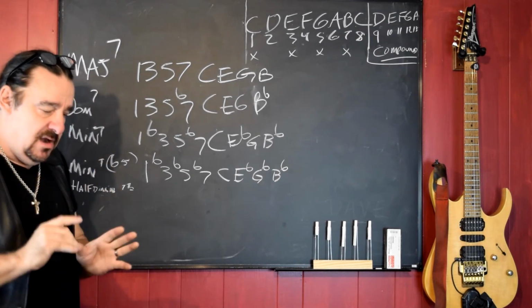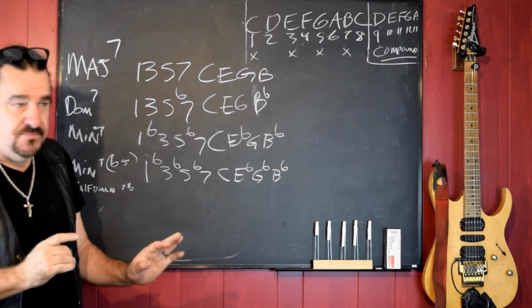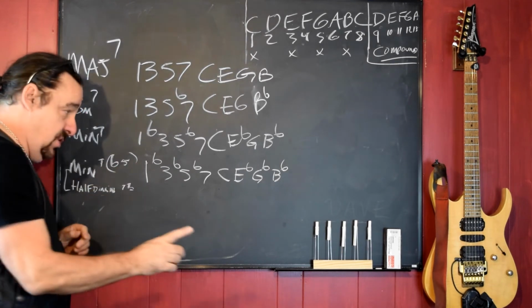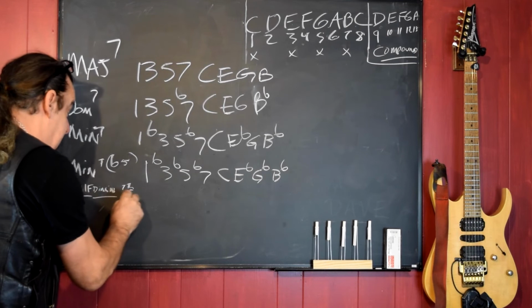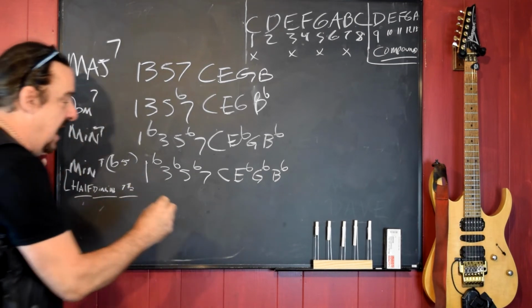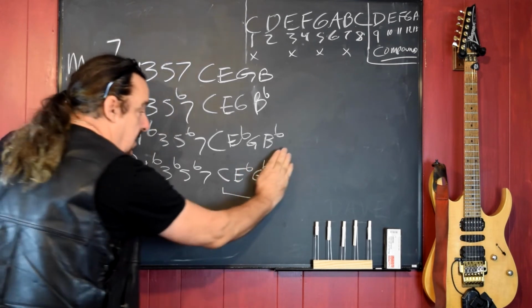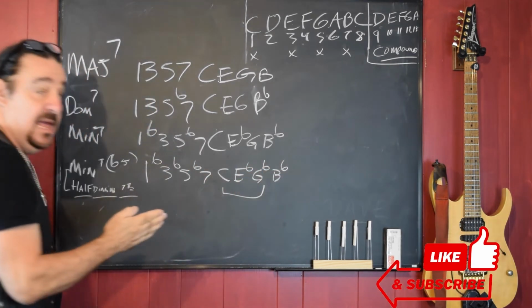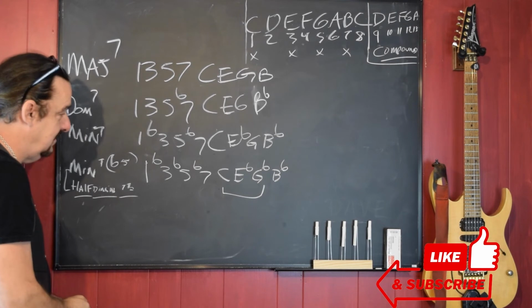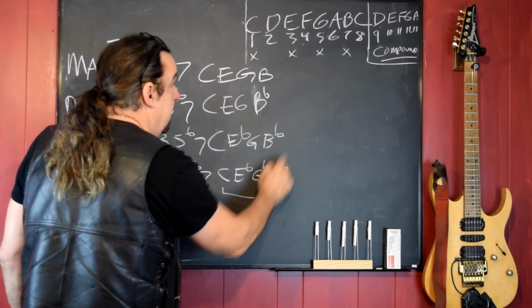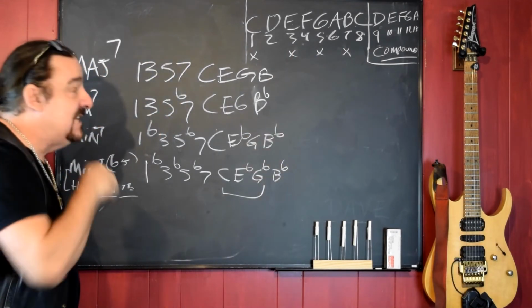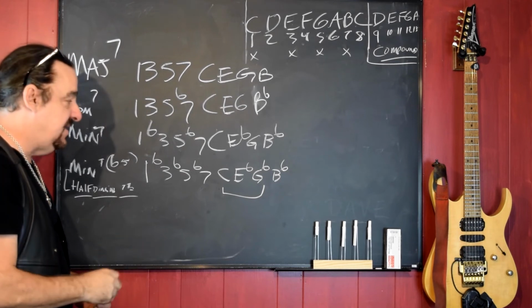We're going to talk about intervals once again in a separate video, but to address the question everybody asks, what does half diminished seventh mean? In my mind, this triad is a diminished triad. However, the seventh, from C to B flat, is called a minor seventh, not a diminished seventh.